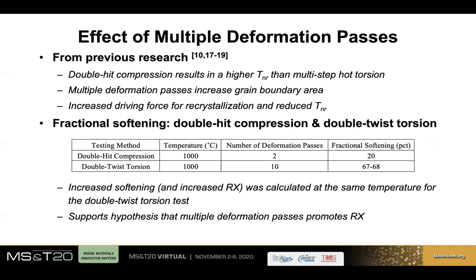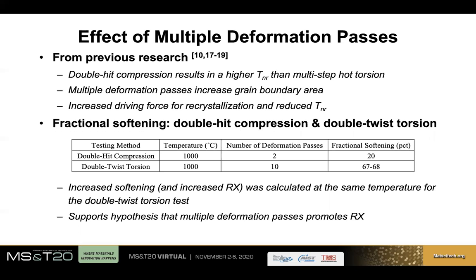So if we look at fractional softening at 1000 degrees C for the double hit compression test and the double twist torsion test, we see that from double hit compression testing, based on the definition of TNR, at 1000 degrees C, we have a fractional softening of 20%. If we compare this to double twist torsion testing at 1000 degrees C, where we've had a total of 10 deformation passes, if we include those at 1000 degrees C, we have a substantially higher fractional softening of 67 to 68%.